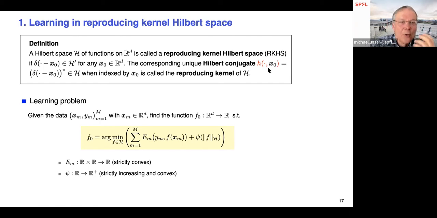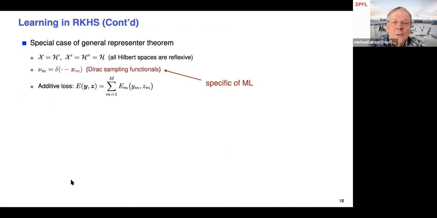And now, if you look at the conjugate of those Diracs, what you get is the so-called reproducing kernel. Now, if you look at the learning problem in the Hilbert space, you're looking at minimizing that subject to a penalty on this Hilbertian norm. And so here we're exactly in the case of the theorem: a strictly convex additive functional, and so we can apply the theorem.